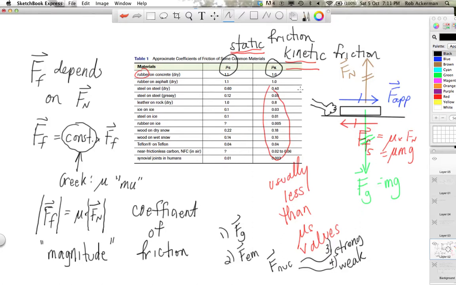Which one is friction? Well, it's not gravity. Gravity is its own force. The nuclear forces exist only within the nucleus of an atom, and unless we're dealing with radioactive decay or nuclear fission or fusion or something like that, we're likely not dealing with nuclear forces, which leaves by process of elimination the electromagnetic force. Is friction an electromagnetic force really at its heart? It is.